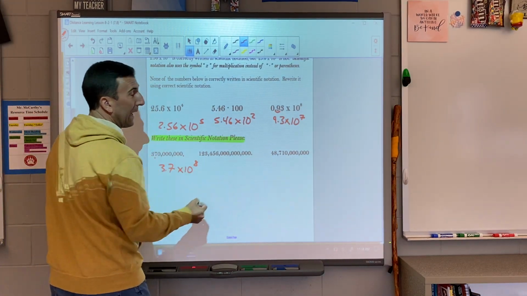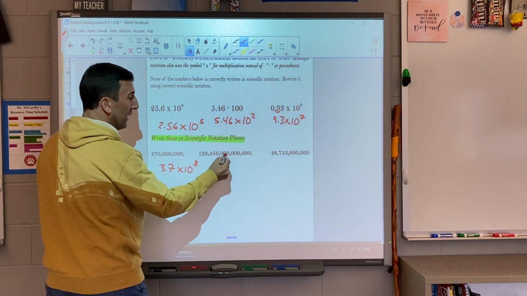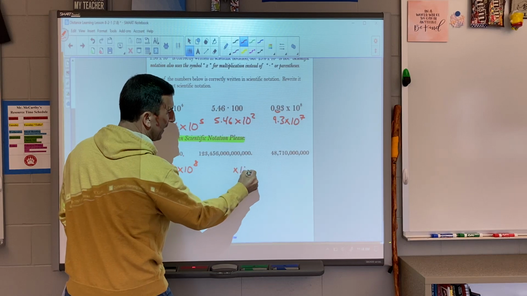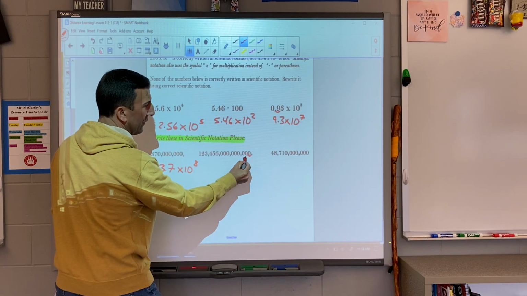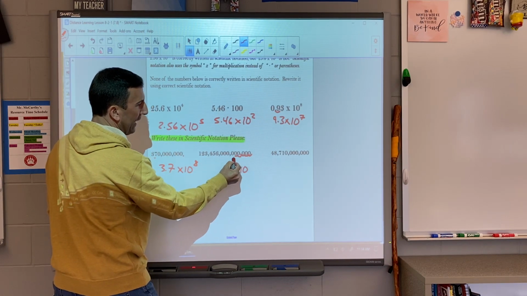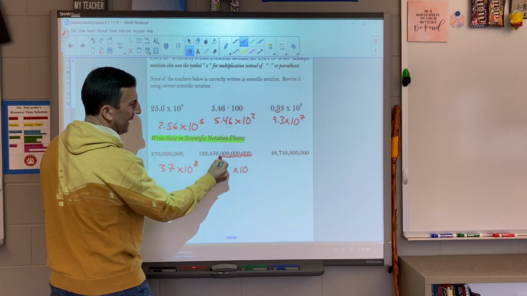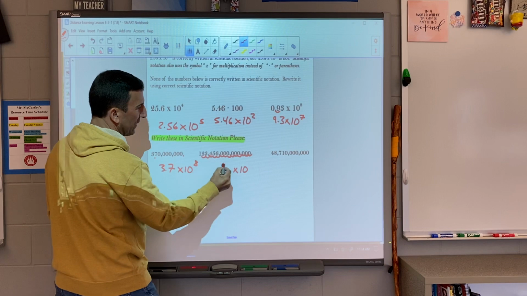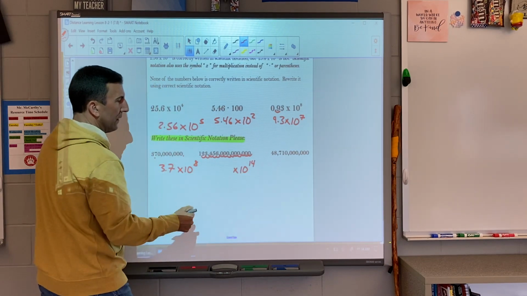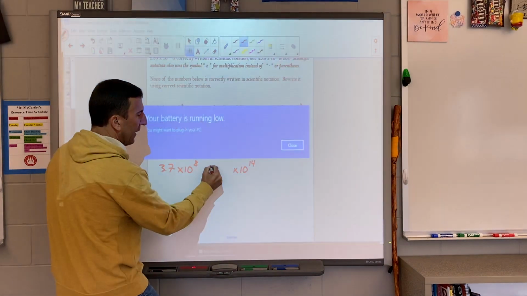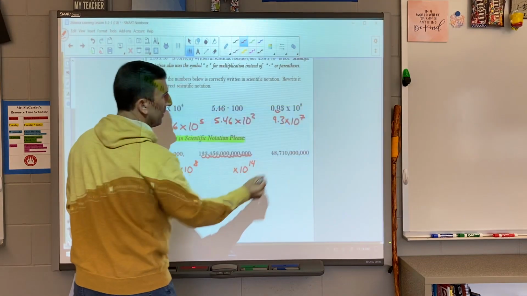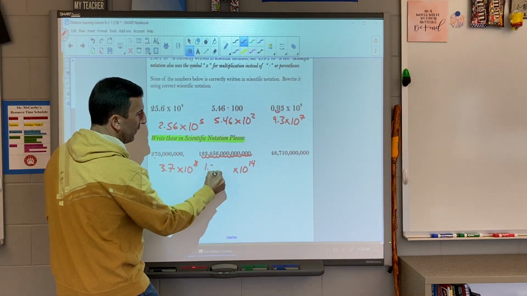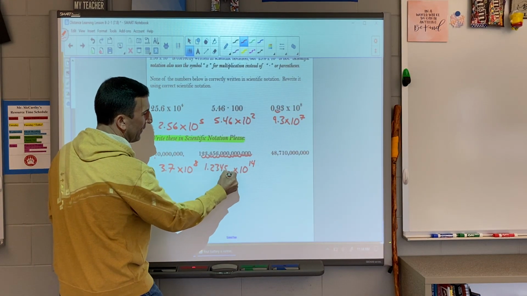Here, and again, it helps to keep track of it. If you need to move it along, I know I'm going to have times 10. So 1, 2, 3, 4, 5, 6, 7, 8, 9, 10, 11, 12, 13, 14. My decimal's now there, so it's 1.2345.